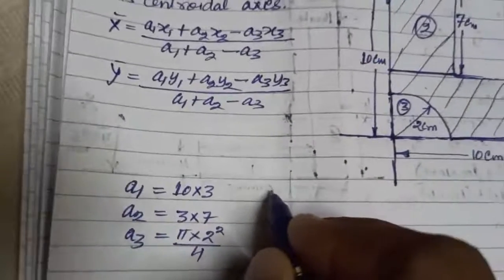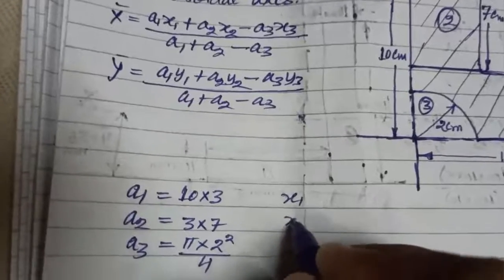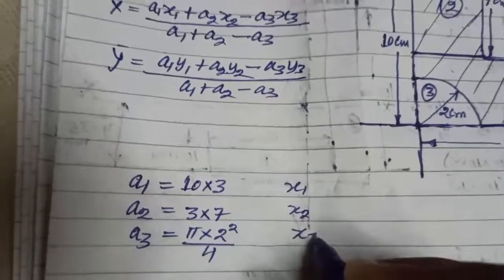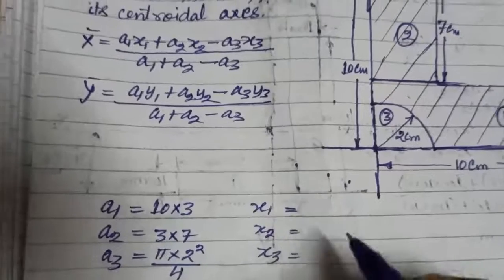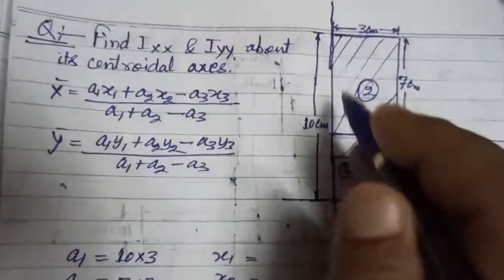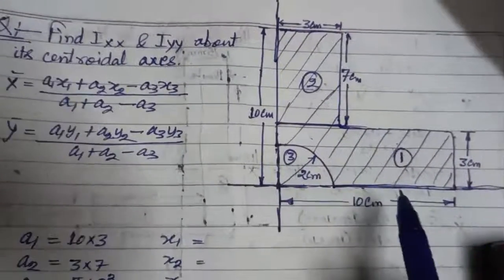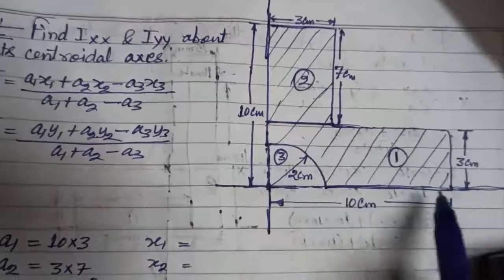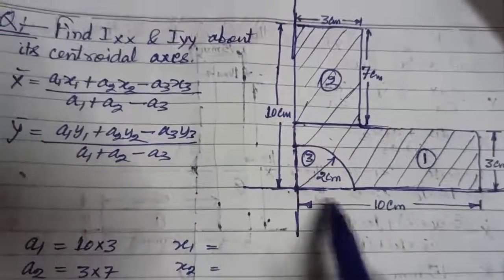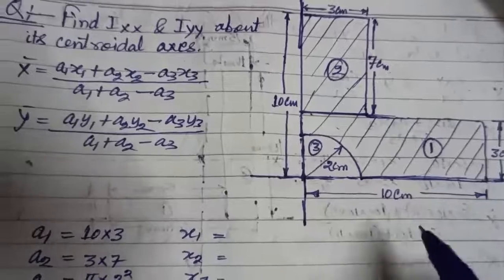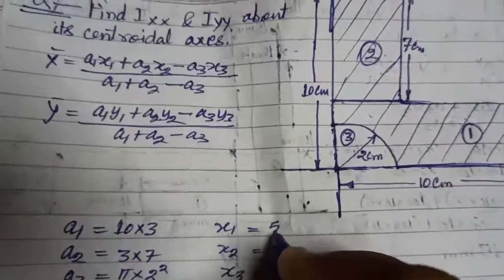Now X1, X2, X3. So X1 is from the Y axis. This is total part 1, so it is 10 by 2. So X1 is 5.